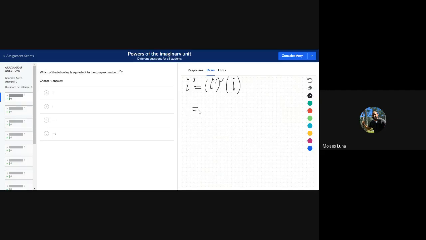All right, so what you need to do here is substitute. You know that i to the 4th power equals 1. And this you don't have to substitute because you need to express it in these terms. And basically 1 times 1 times 1 is 1, and 1 times i is i. So i to the 13th power equals i. I'm going to stop the video here and I'm going to take your questions.